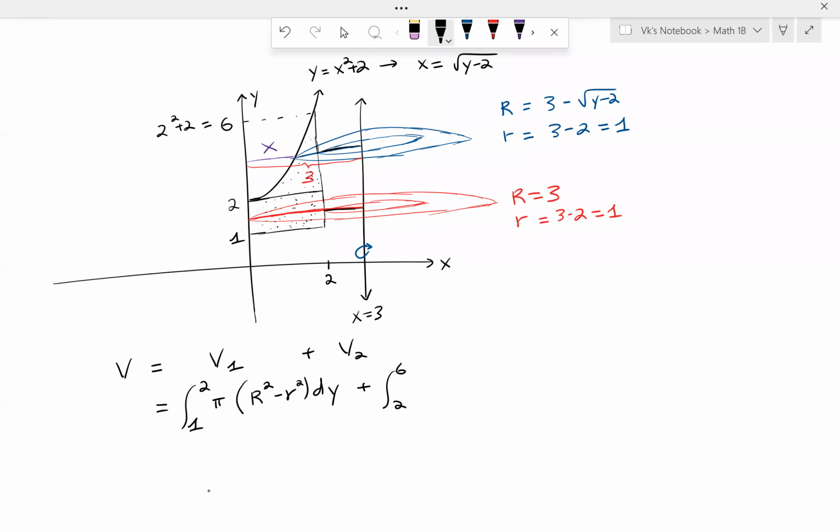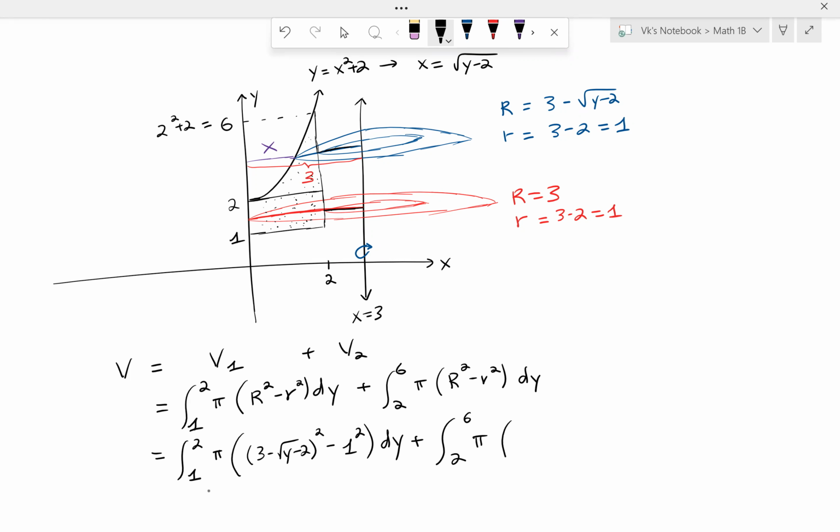So 2 to 6 of pi R squared minus small r squared dy. Integral from 1 to 2 of pi, the bigger radius is 3 minus the square root of y minus 2, squared, the smaller radius is 1, so 1 squared dy, plus the integral from 2 to 6 of pi, the bigger radius is 3 squared, the smaller radius is 1 squared dy. Yay, this is the setup.